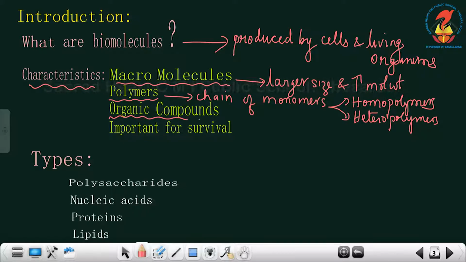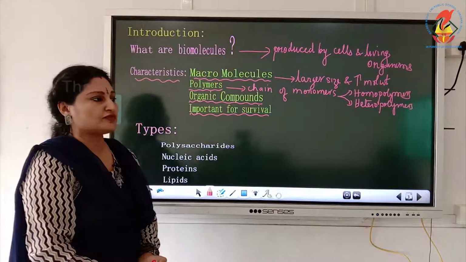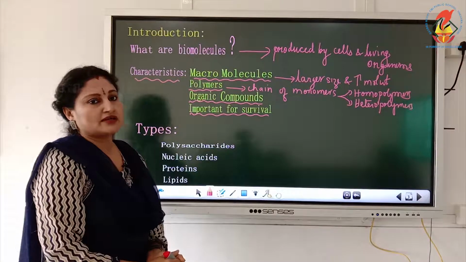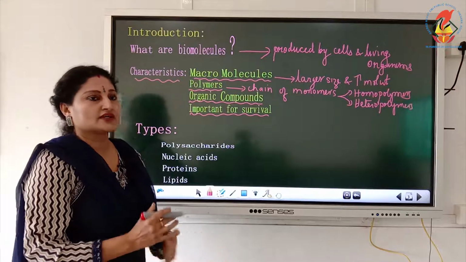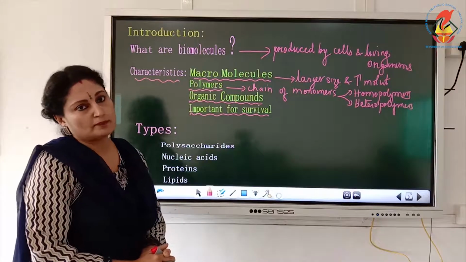Third feature is they are all organic compounds. And lastly, they are very important for the survival of the cell and hence living organisms because they perform important biochemical reactions that regulate the proper growth and development of the body.